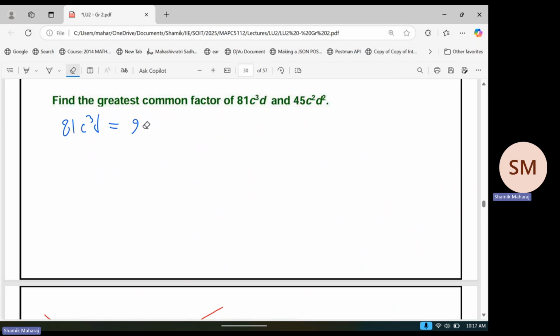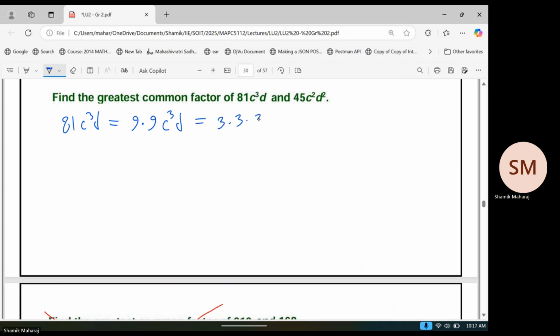Okay, yeah, let's go that route. 9 times 9 is 81, right? And then break up into 3. Okay. All right. C cubed and D. So then the 9 and 9 can be broken up into 3 times 3 times 3 times 3. The C can be broken up C, C, C, and the D is just D.